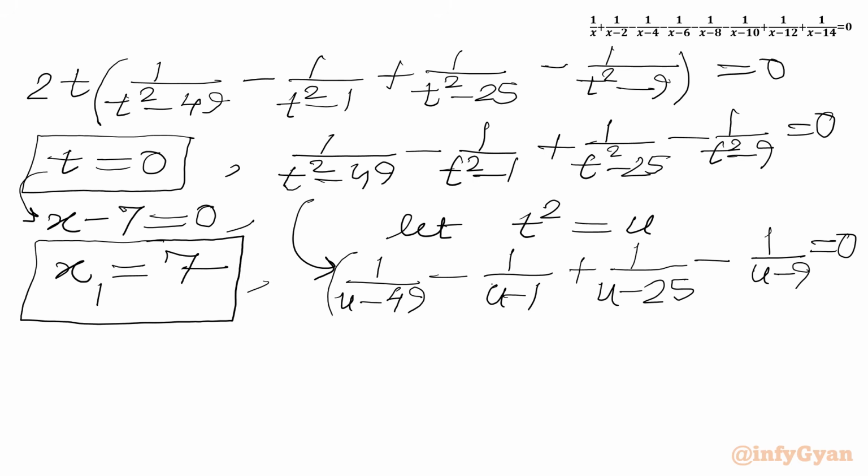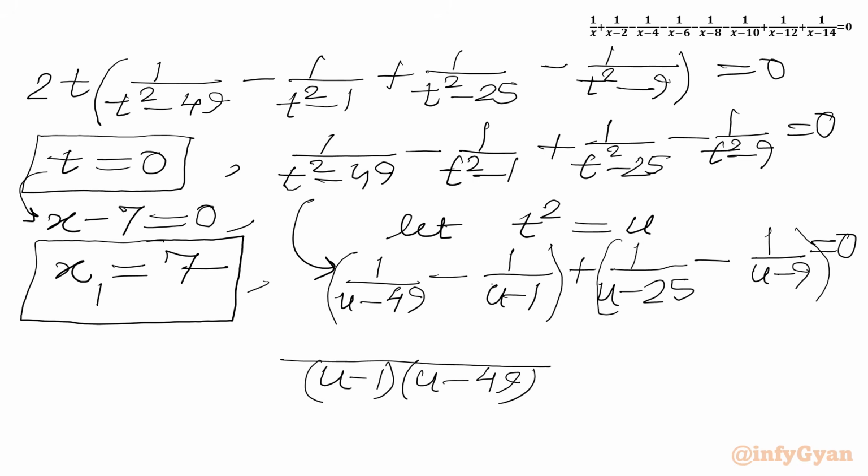Now we are going to take LCM over here. So we will write here u minus 1 times u minus 49 in the denominator, and in the numerator we will write u minus 1 minus u plus 49, which will give us 48.